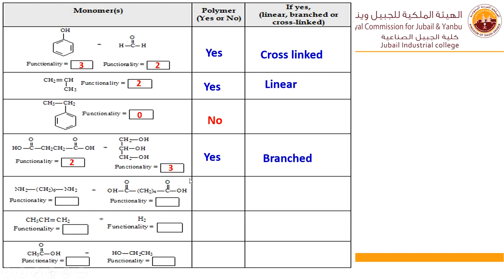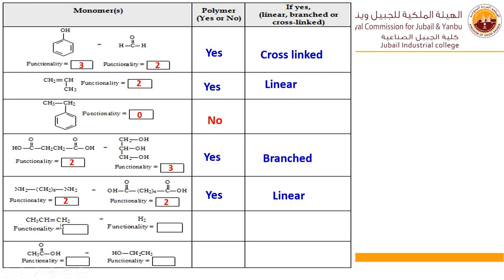So 2 plus 3 will give you a branched polymer, but in the case of phenol-formaldehyde, it gives a cross-linked polymer. The next one is diamine. You have 1 amine group here, and another here, so the functionality is equal to 2. Here you have a carboxylic acid group here, and another here, so the functionality is equal to 2. 2 plus 2 will give a polymer, and of course the polymer is a linear chain polymer.